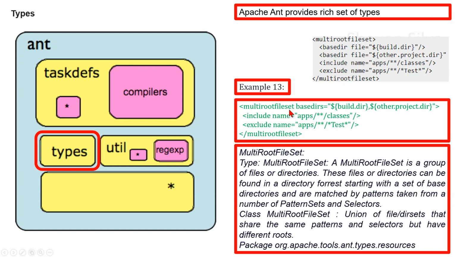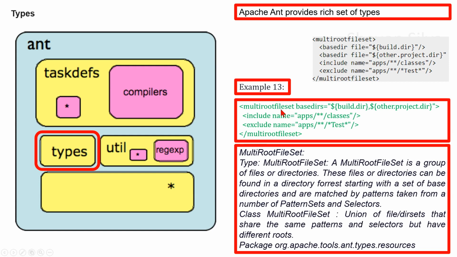With regarding API, we can consider class multi-root file set, union of file sets that share the same patterns and selectors but have different roots. This is in the package org.apache.tools.ant.types.resources.